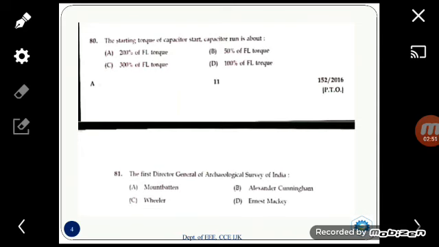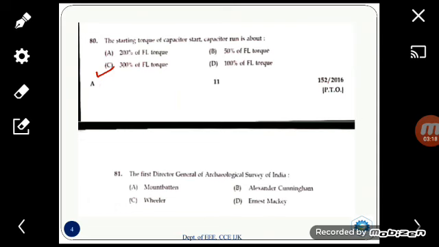Next one is: the starting torque of capacitor start capacitor run is about. Option C is correct, 300% of full load torque. So the starting torque will be 300% of the full load torque of an induction motor. Next question is: the first Director General of Archaeological Survey of India.